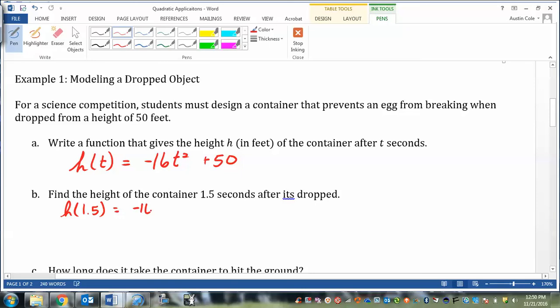So negative 16 times 1.5 squared plus 50. So again, order of operations, 1.5 squared. Help me out here. That's 2.25. Now take 2.25 times negative 16.